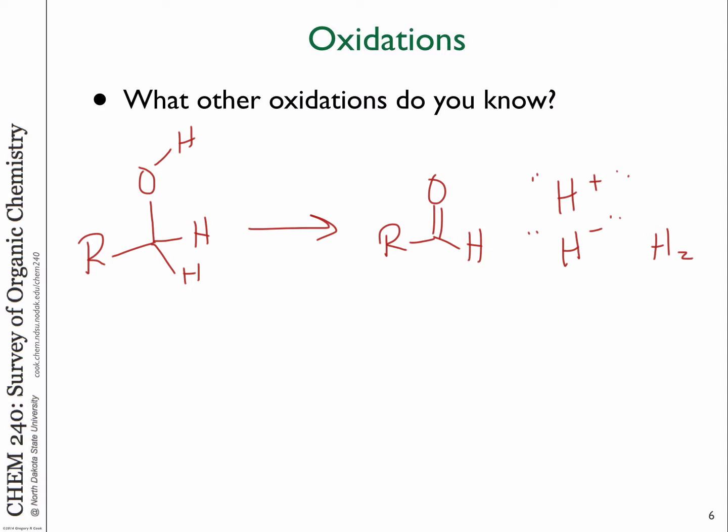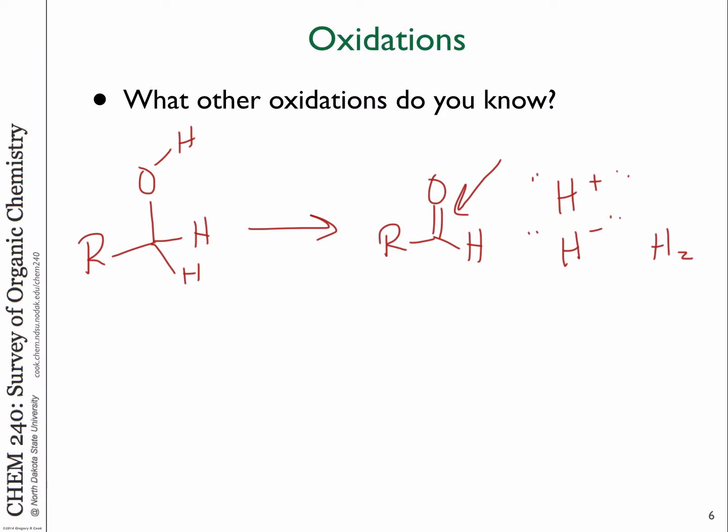In this process, we're not actually forming H2 necessarily. But in order to do that, we need to think about how we do that. So the electrons in this double bond either had to come from those electrons or these electrons. Okay?